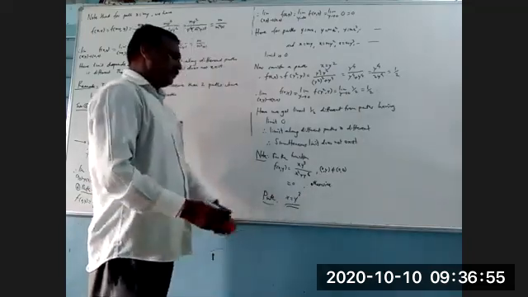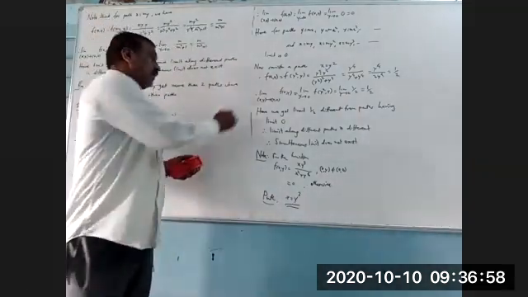This will be the path for which we are getting a different limit.